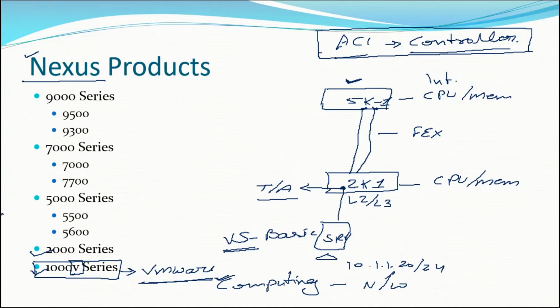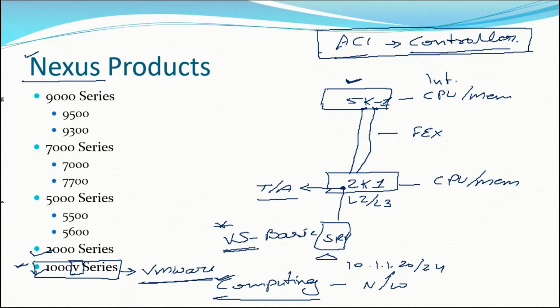The benefit is that your computing resources will get the same features and functionality, which is not possible in the VS, the virtual switch, a basic switch. So Cisco has developed a switch for VMware. This is the 1000V switch, designed from the VMware perspective.